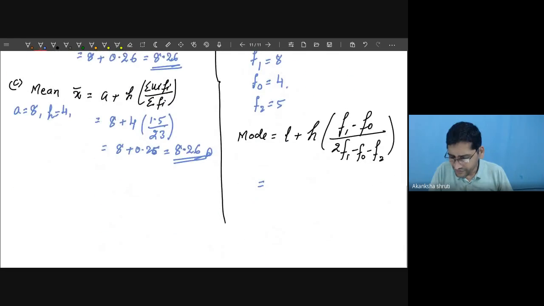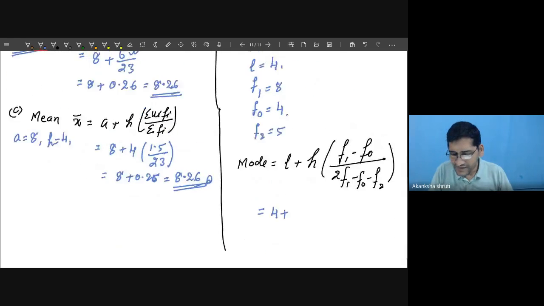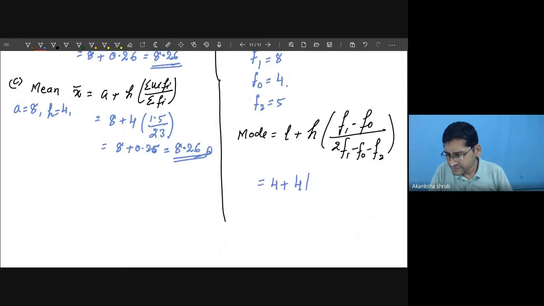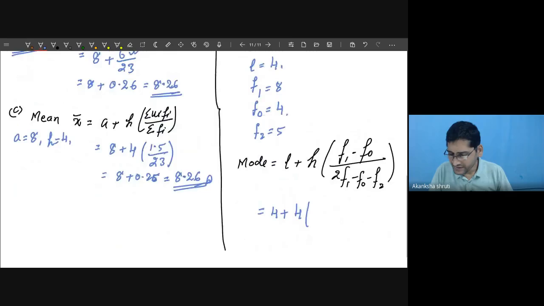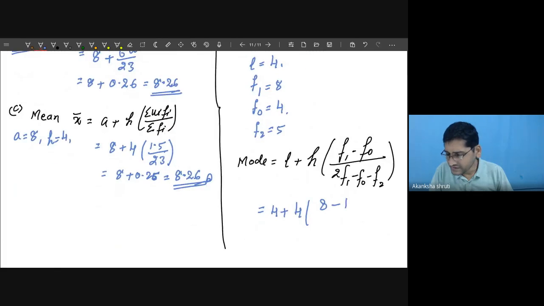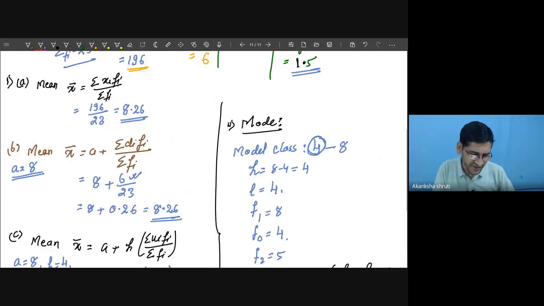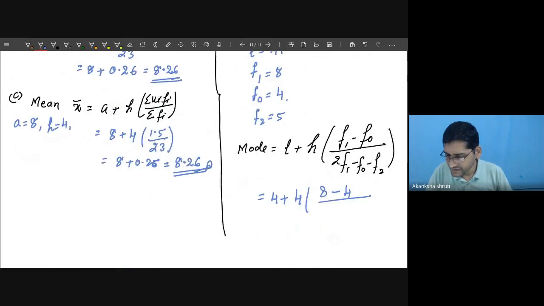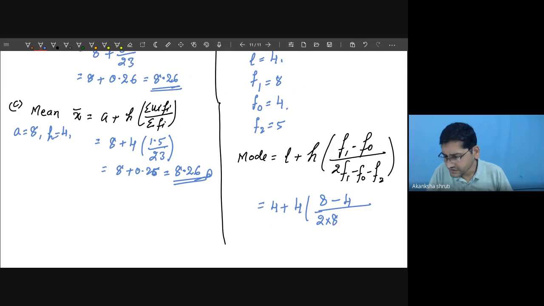L is our 4 plus h is the other 4, times f1 is our 8 minus f0 is our other 4. The same 4, no? Yeah. So many 4s, be careful. In the denominator, 2 times f1, our 8, minus f0, 4, minus f2, our 5.